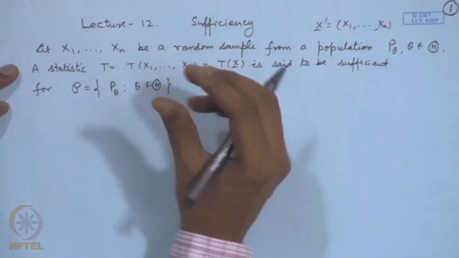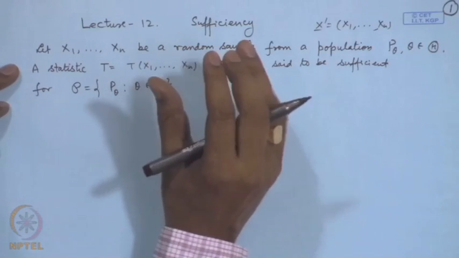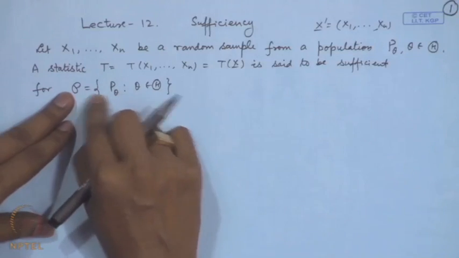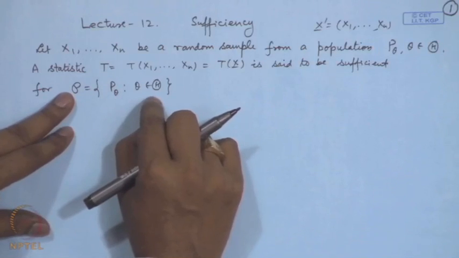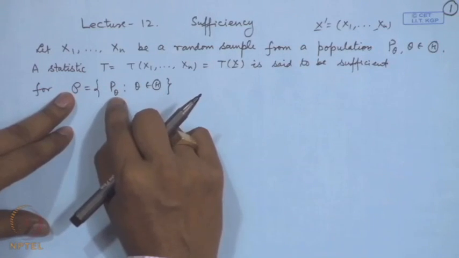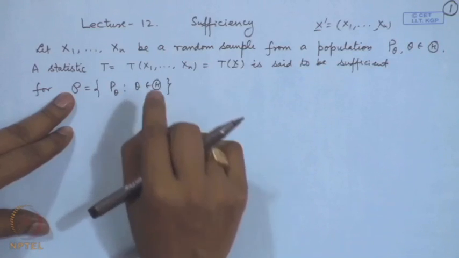Many times in the problems we will have a one dimensional parameter, two dimensional parameter, etc. In that case, we will have to consider specifically what parameter is being considered. So, the formal definition I am writing is for the family of probability distributions, meaning whatever parameters are under consideration, this could be a scalar or a vector parameter.